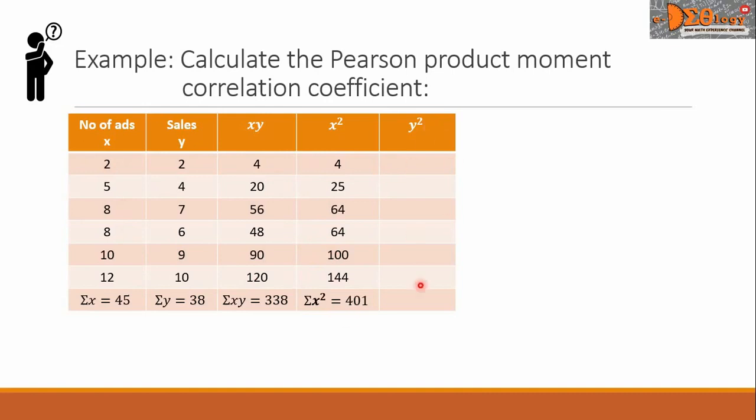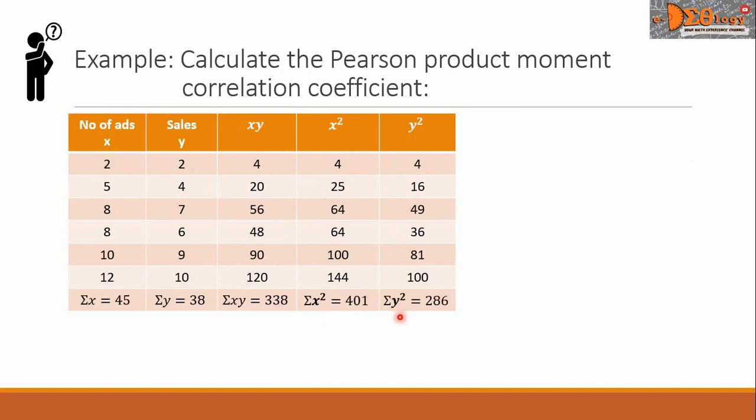The last additional column is for y squared, and that is, we're going to square each value of the y column. So we have 2 squared is 4, 4 squared is 16, 7 squared is 49, 6 squared is 36, 9 squared is 81, 10 squared is 100.